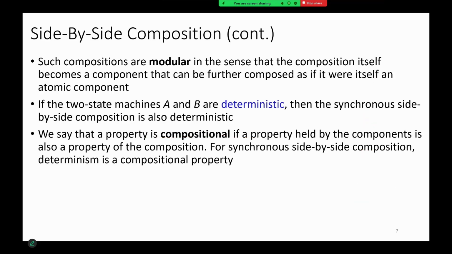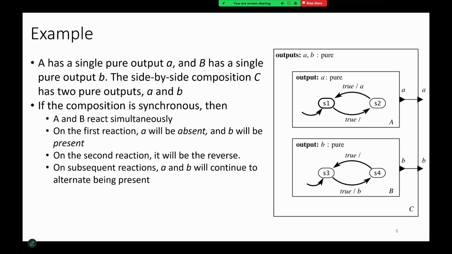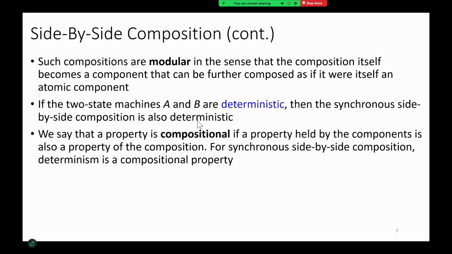Such compositions are modular in the sense that the composition has components inside it until you reach an atomic component. For example, C has A and B, and A and B are atomic components. And state machines are deterministic.